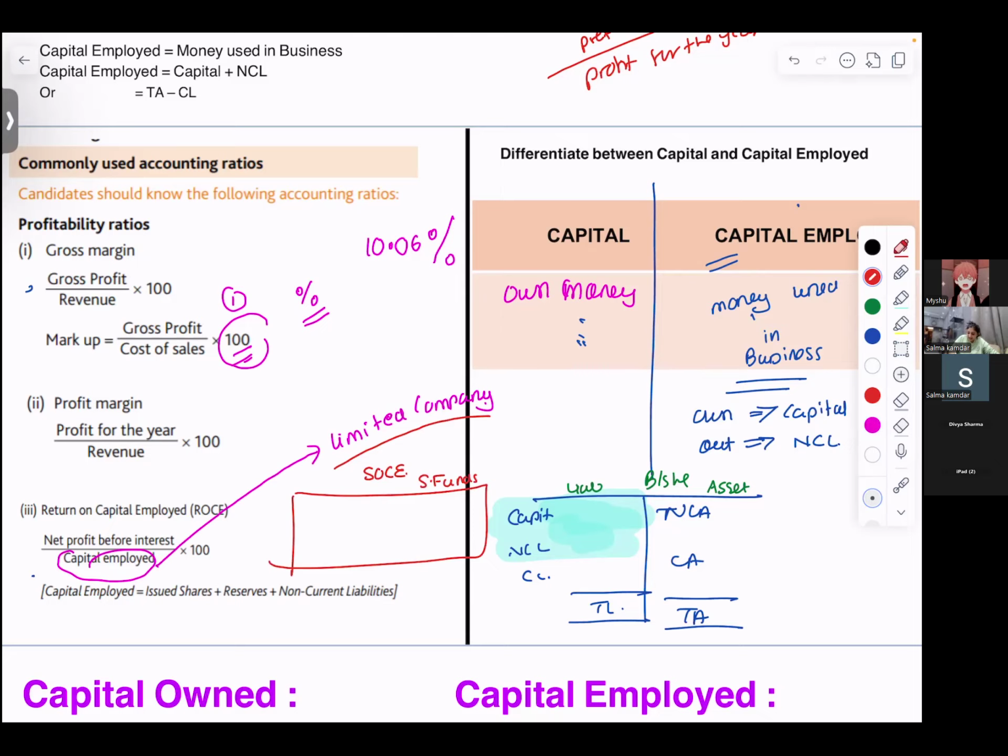The last column total of it, that is share capital plus reserves plus retained earnings, plus, do not forget to add the non-current liabilities. In a limited company, the capital employed is the share capital, ordinary plus preference. Now, here also they can twist. The statement of changes in equity is only going to give you ordinary share capital.